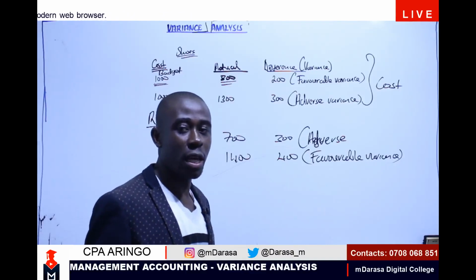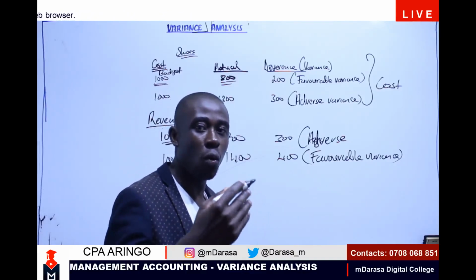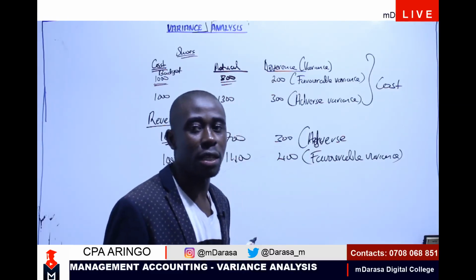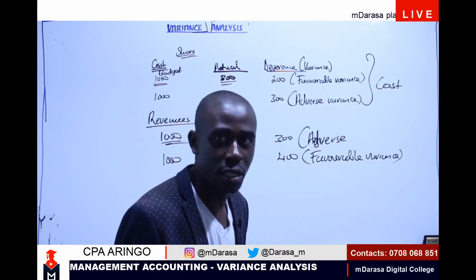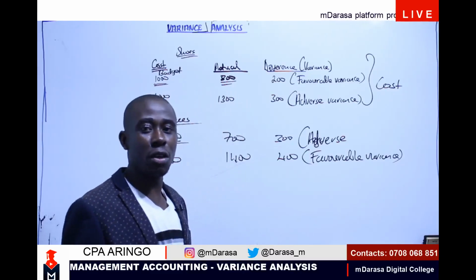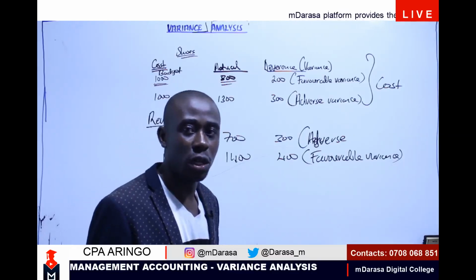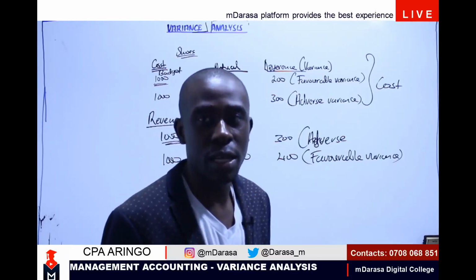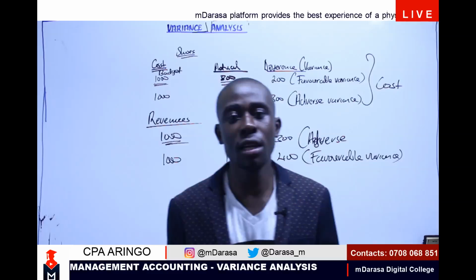In cost, if our actual is more than budgeted, that is adverse. In revenue, if our actual is more than budgeted, we'll be having a favorable variance.